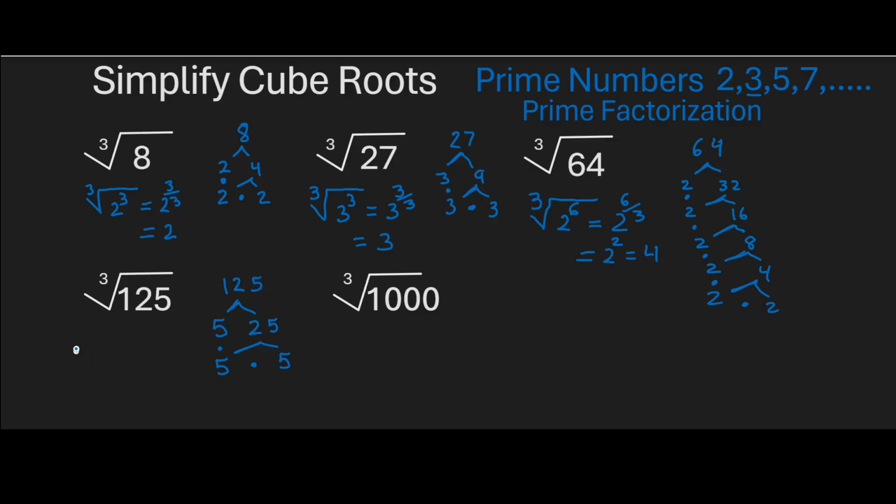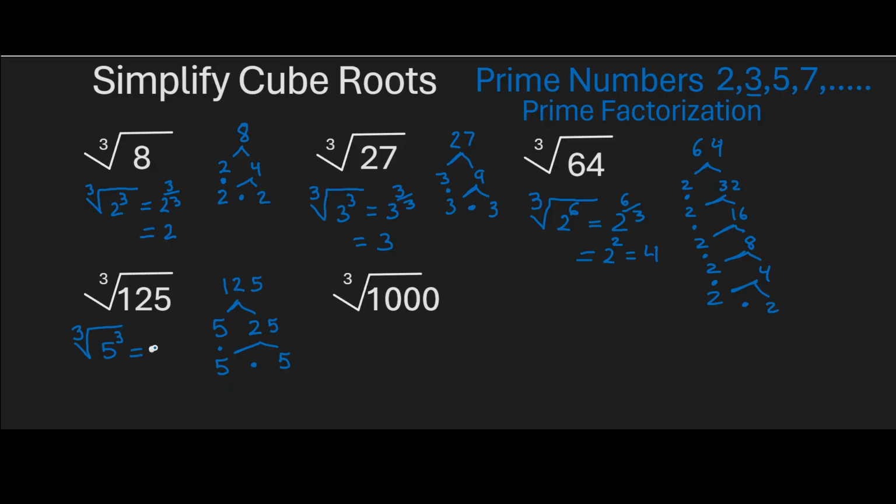So what I'm going to do now is rewrite cube root of 125. I'm going to use the prime factorization. So I'm going to rewrite it using its factors, which is 5 to the third power. Okay.